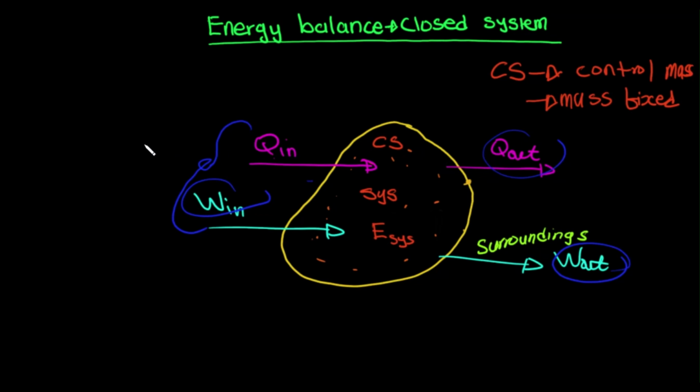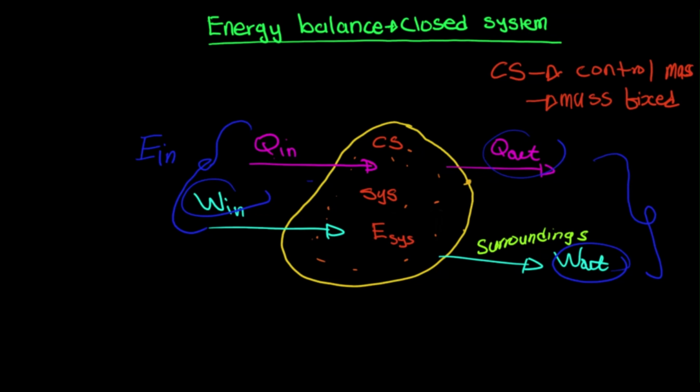And what we have here is energy in; the summation of all the total energy entering the system should be equal to the summation of all the energy leaving the system.